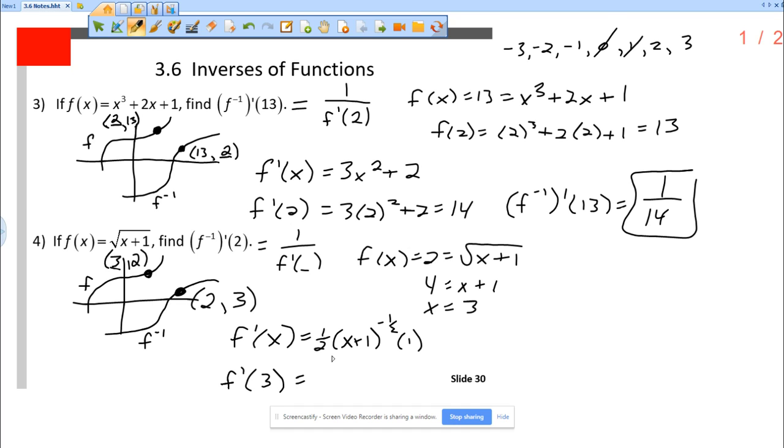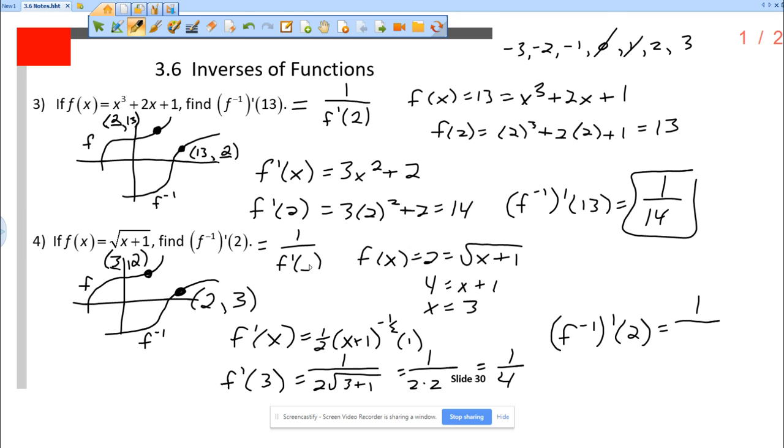This is really 1 over 2 times the square root of x plus 1, so 3 plus 1. Then I get 1 over 2 times the square root of 4, so 2. So 1/4 would be f prime of 3, which means that f inverse prime of 2, which is 1 over f prime of 3, is 1 over 1/4, which is 4.